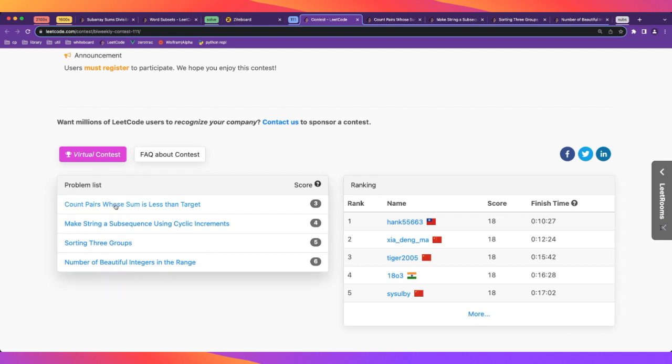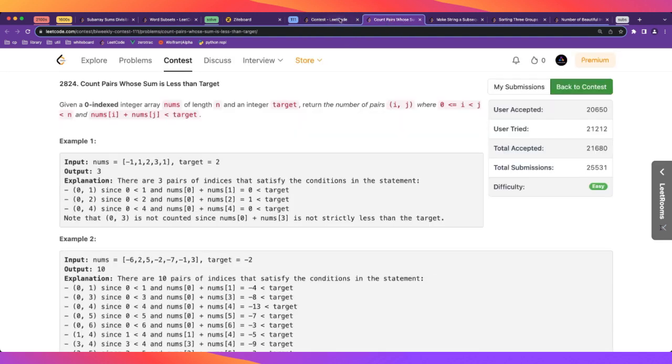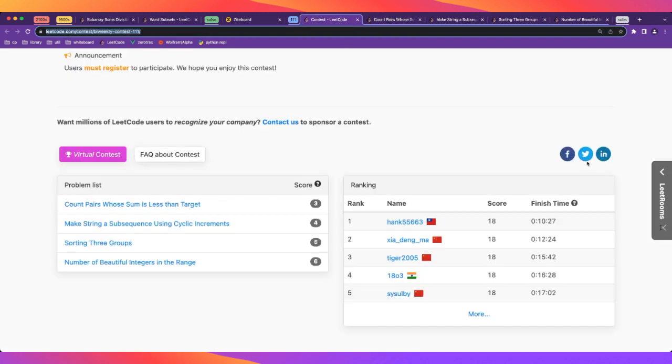The first one is about counting pairs that satisfy some condition, according to the name of the problem. So let's get started.